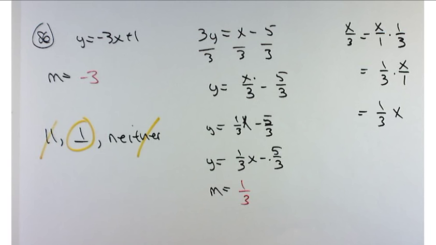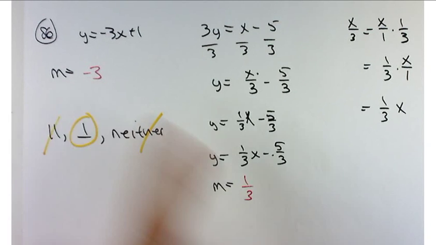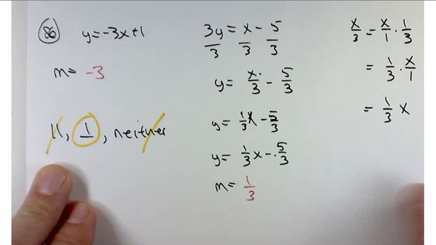Correct, yeah. If this was a +3 and that was a +1/3, then yeah, you're right, it'd be neither. If they were both negative, then you are correct.